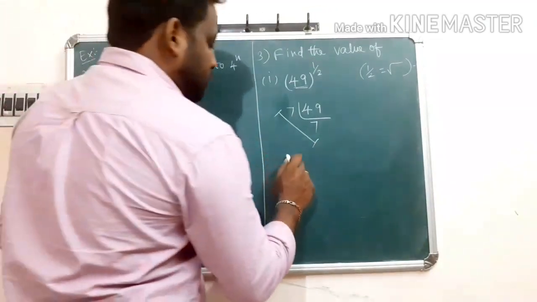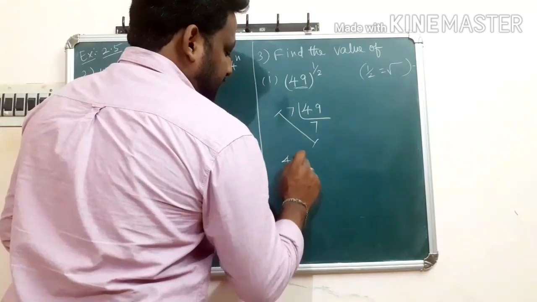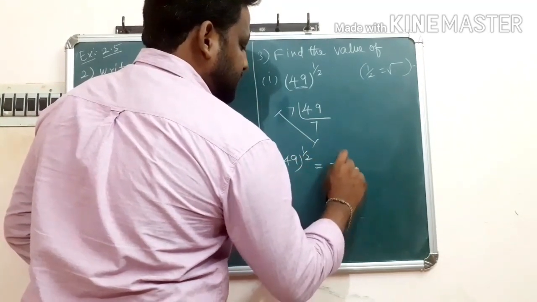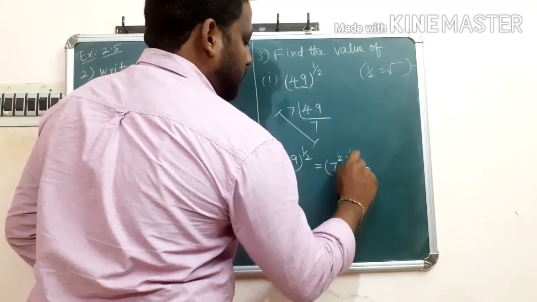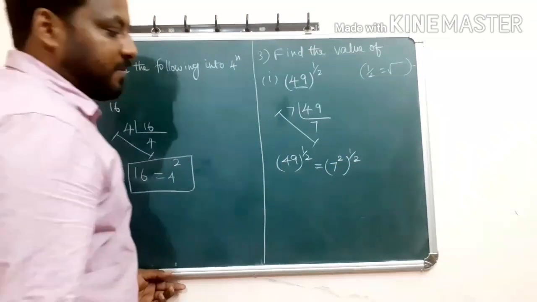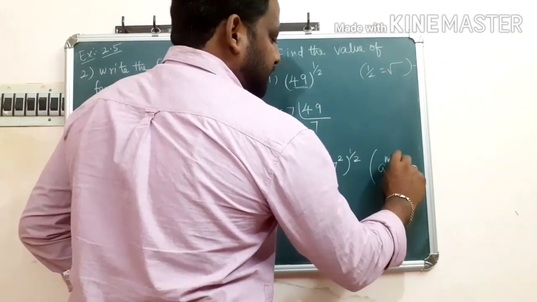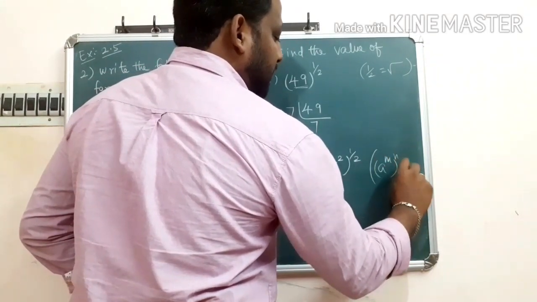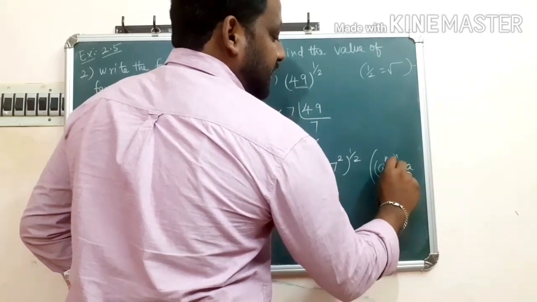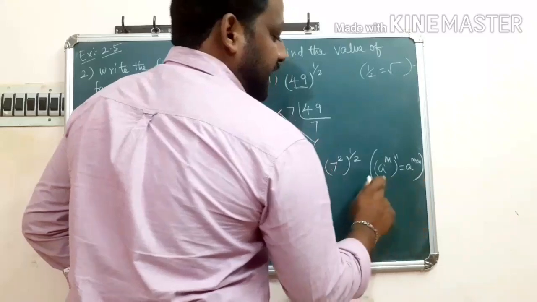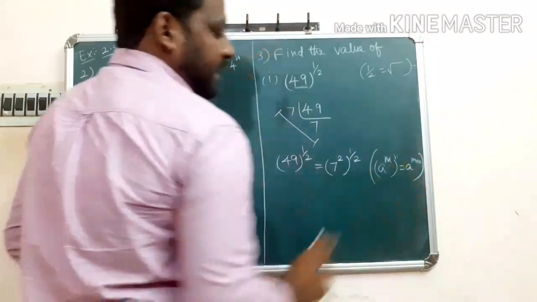Okay. So 49 the whole power 1 by 2 is equal to 7 square the whole power 1 by 2. Here again we have to use the a power m the whole power n formula, which is a power m into n.